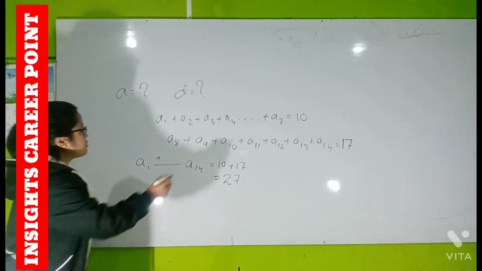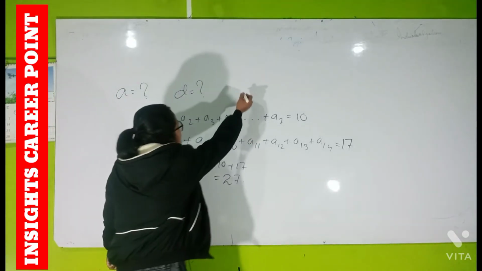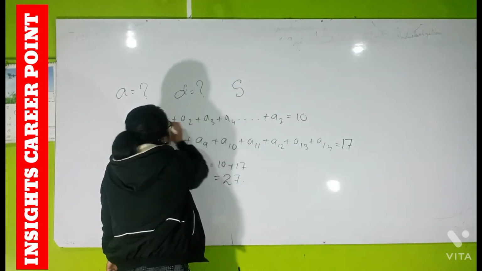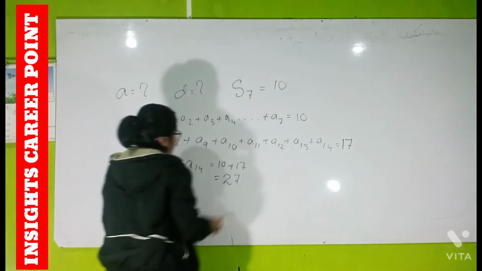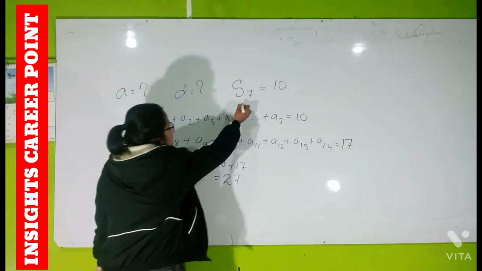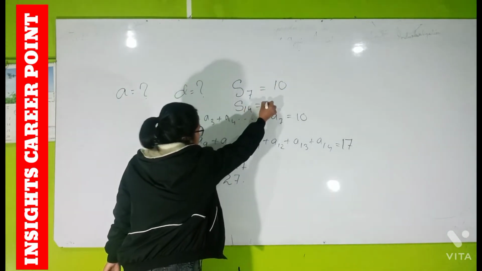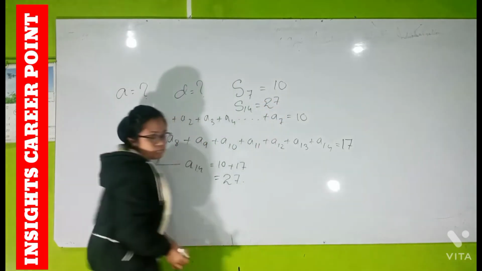We can also write this as: S1 to 7 means S7, which is 10, and from 1 to 14 means S14, which equals 27.